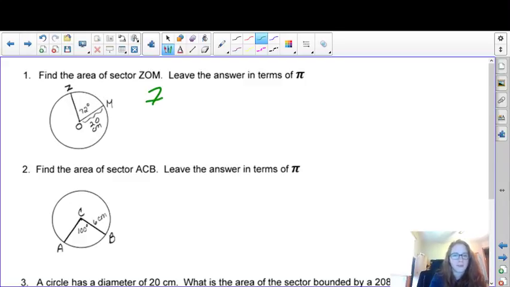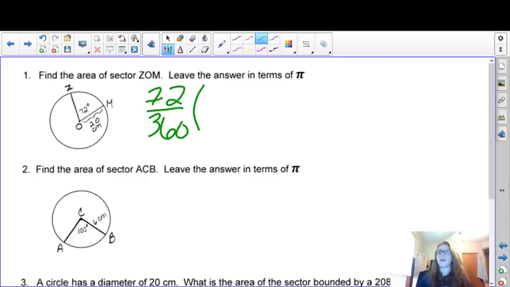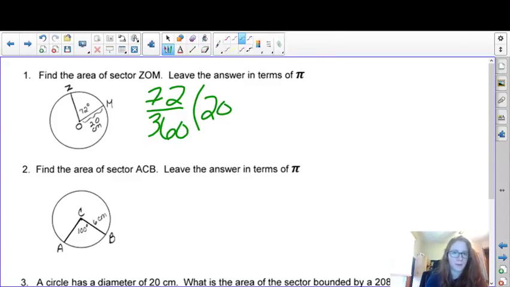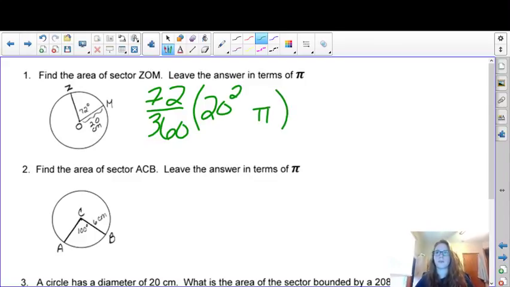So I have 72 over 360 times my area formula. And my area is pi r squared. So my radius I see from O to M is 20, so 20 squared times pi.